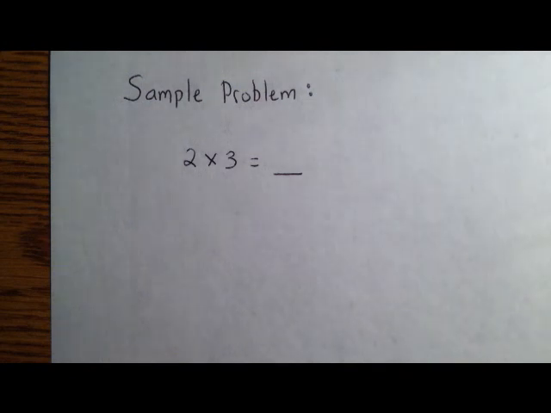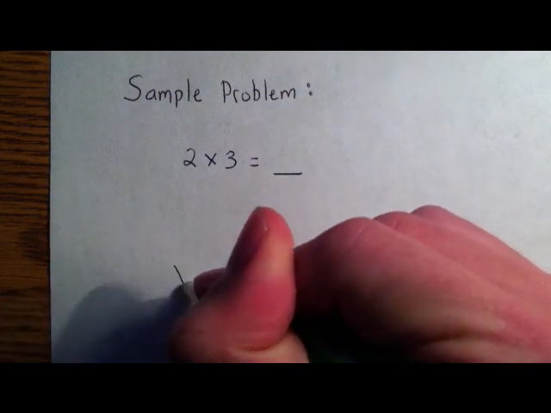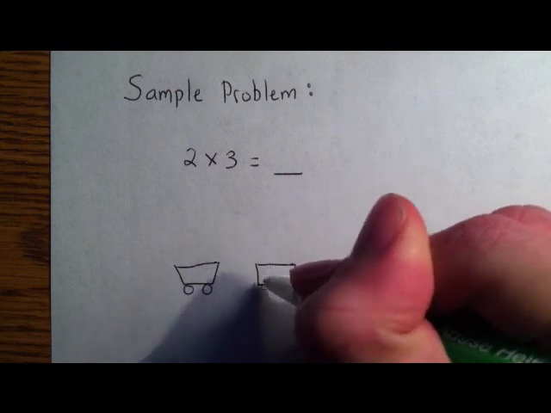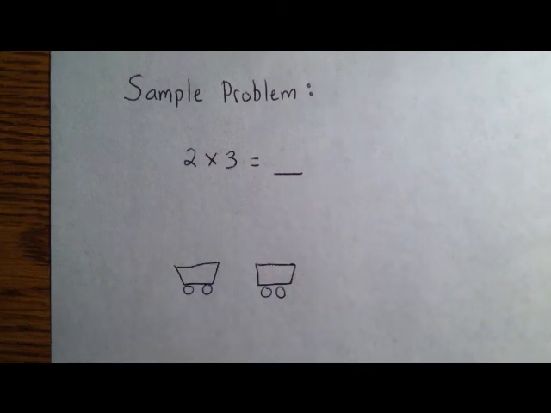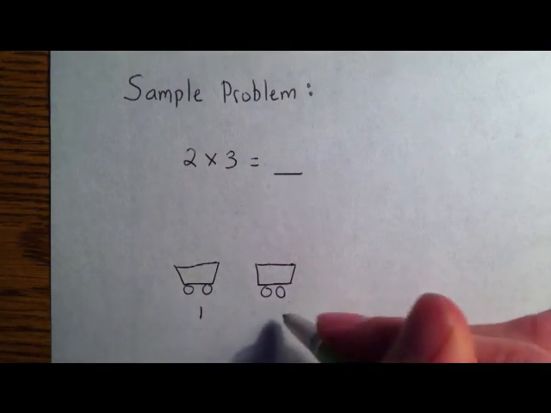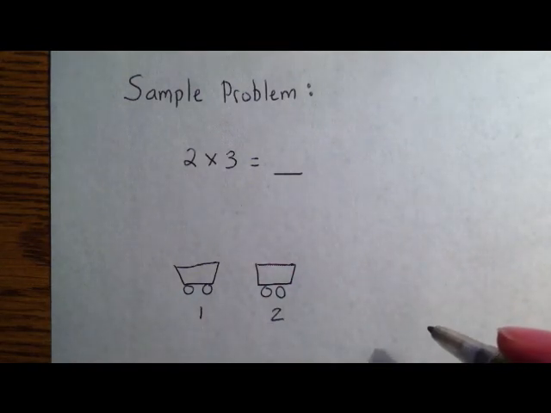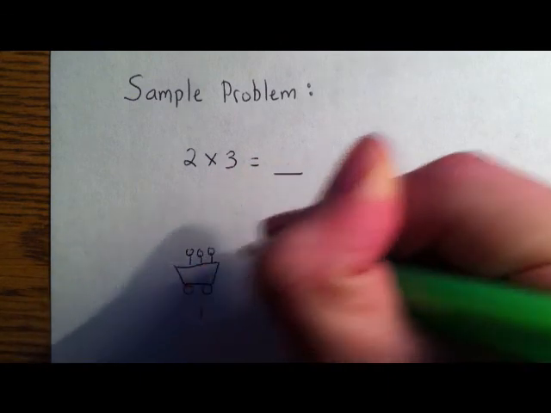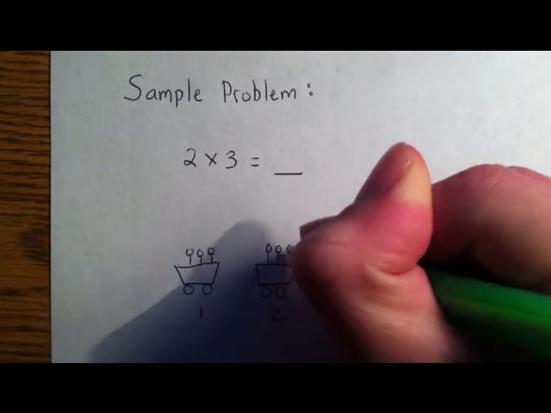If we had a story problem that said something like, Bill has 2 cars. These will be our 2 cars. And in these 2 cars, car 1 and car 2, there are 3 people. I'll draw little heads, stick figures to represent our people.